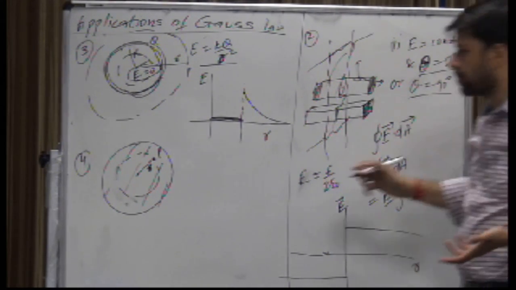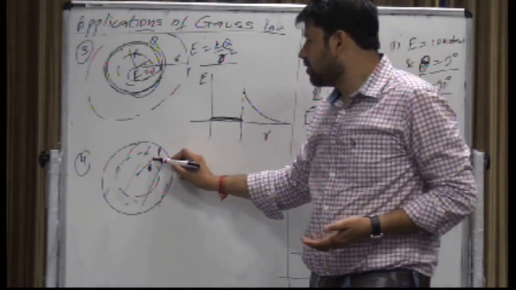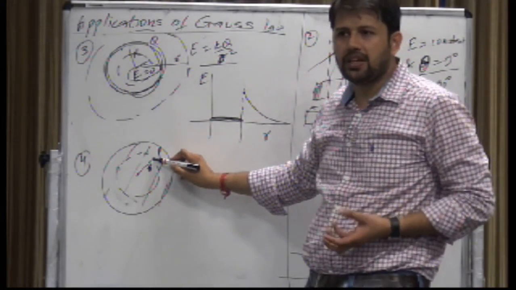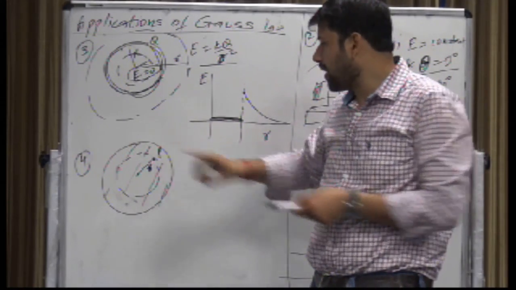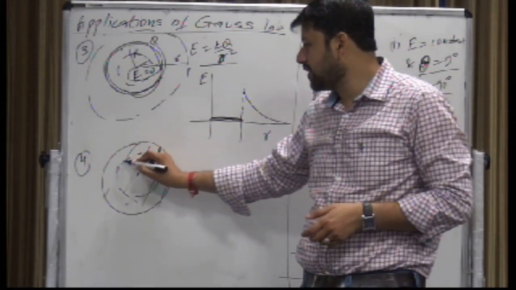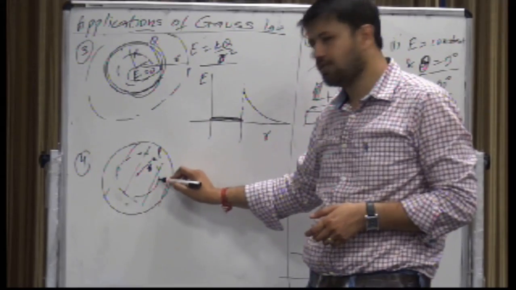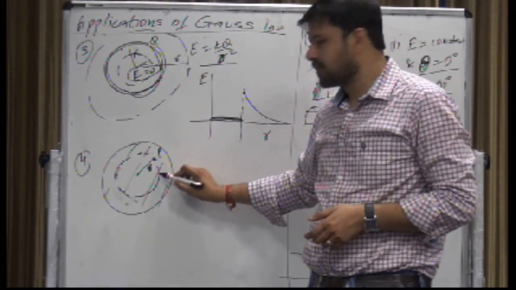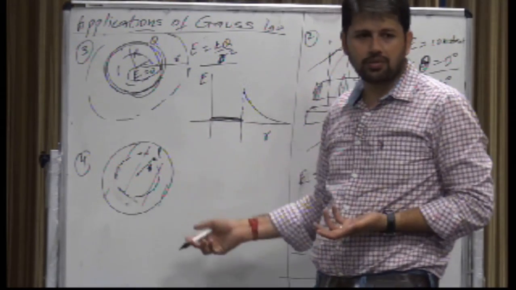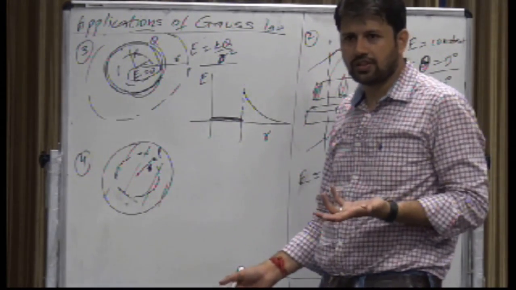So it is passing. The magnitude of field at P is the same as the magnitude of field at every other point on the Gaussian surface. The field at all these points would have the same magnitude as at P, because they are on the surface of the Gaussian surface. Is it okay?